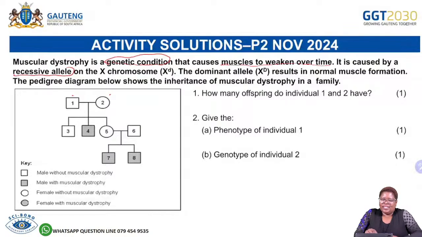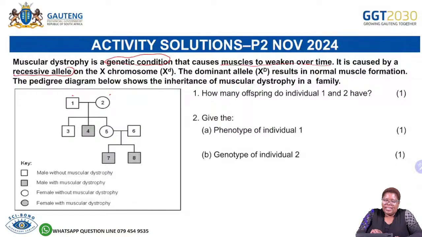So if this is an X chromosome, it will have a small letter d there. This indicates that this chromosome is affected. The dominant allele, X with capital letter D, results in normal muscle formation.